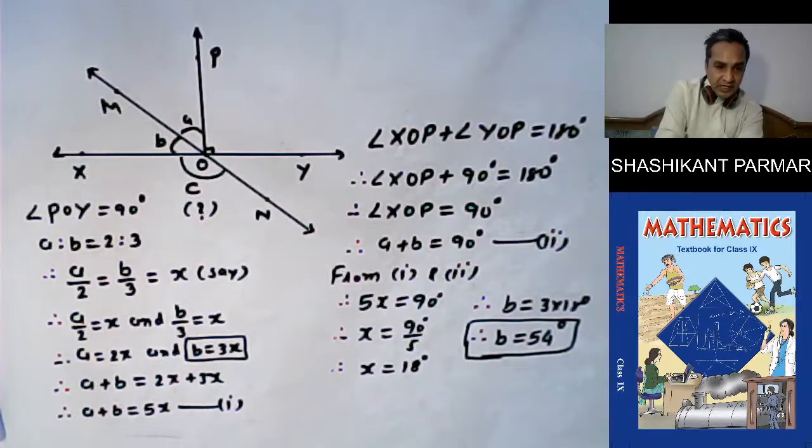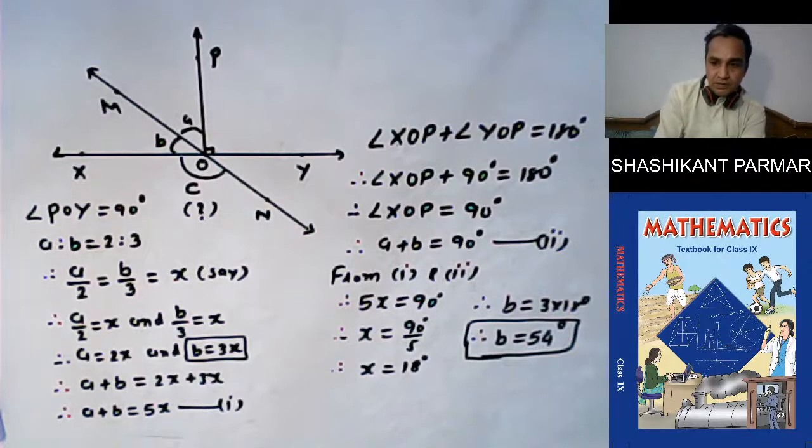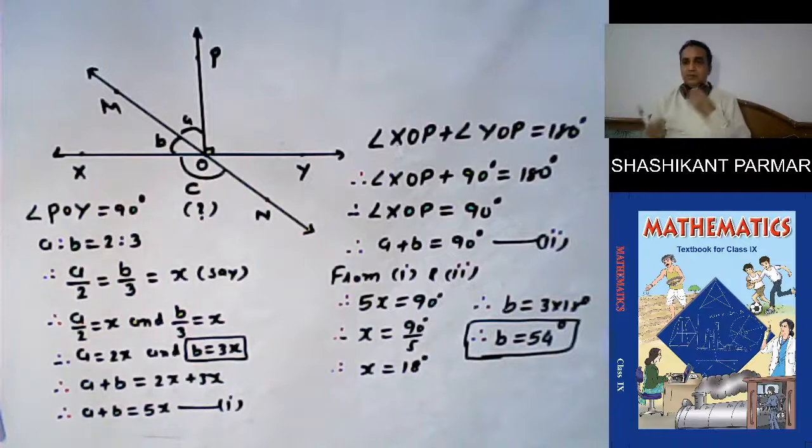If you do not understand, then let me repeat it again. So B is equal to 54 degrees.